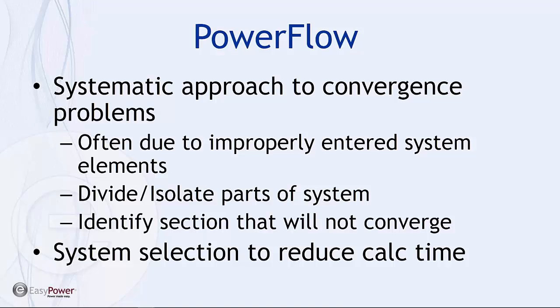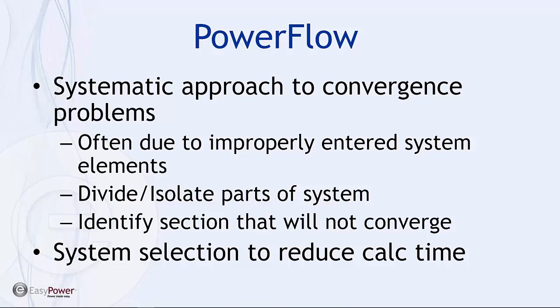So the technique of resolving a convergence issue really is fairly simple, and it's a matter of being able to divide the system in roughly half, a dividing point that's roughly half and half, and then following the fault down to the local point where there's an issue.